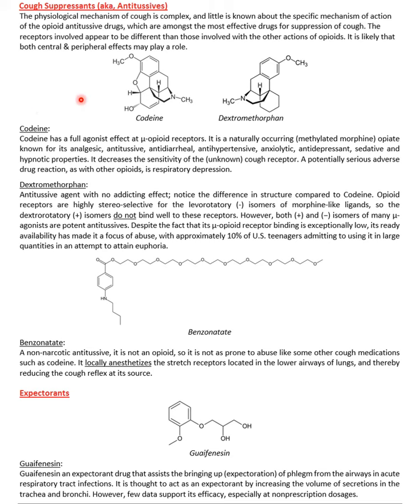Okay, so here we're going to talk about just two classes of cough medications, the cough suppressants and the expectorants. To begin with, the physiology and pathophysiology of the cough is complex, and we still do not have a full understanding of the mechanism of action of the cough medications, in particular the opioid antitussive drugs, which are the most common drugs for suppression of the cough.